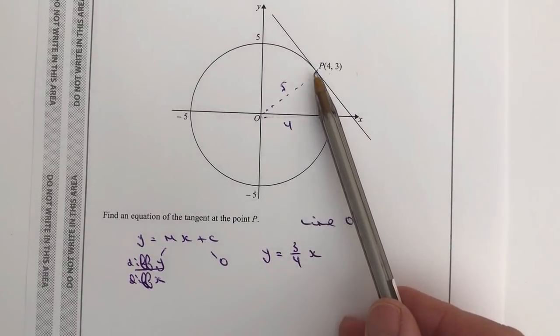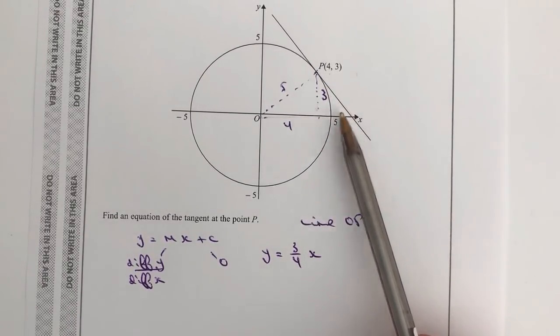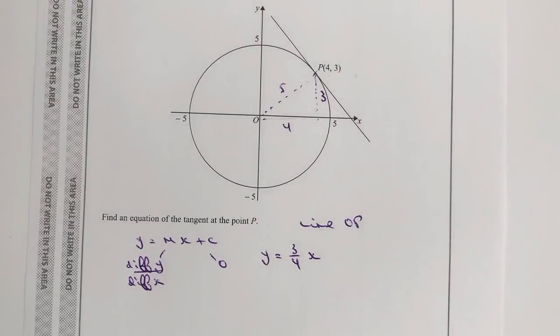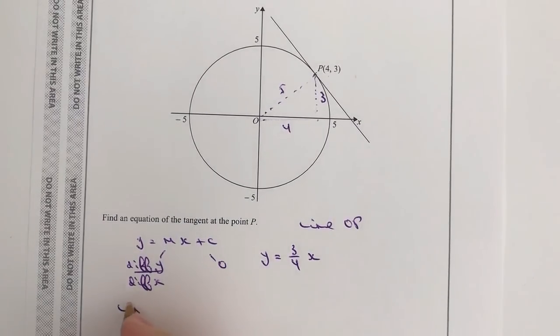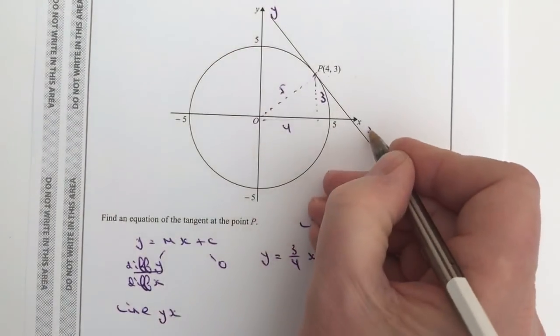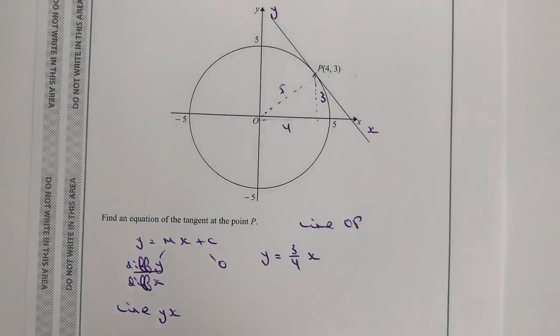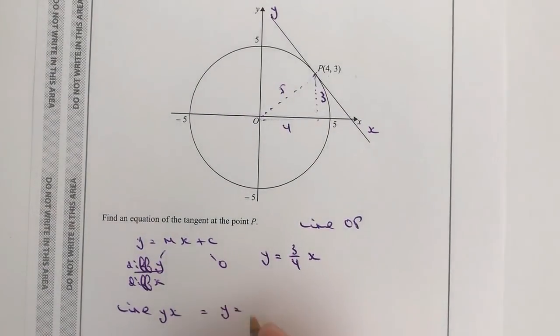Okay, so that means I've got this line along here, which means that I can use this bit of information to work out the equation of this line, because it's perpendicular. It's called the negative reciprocal. So if we call it line yx, the general form is y equals mx plus c.